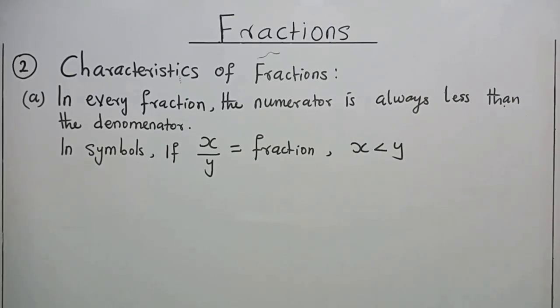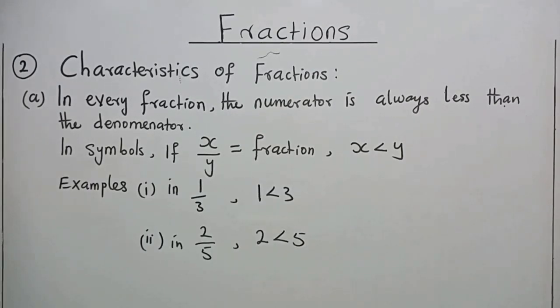Recall examples of fractions you have come across already. In each of them, the numerator, that is the number above, is always less than the denominator, that is below. Let's again remind ourselves of some examples. In 1 over 3, this 1 on top is less than this 3.